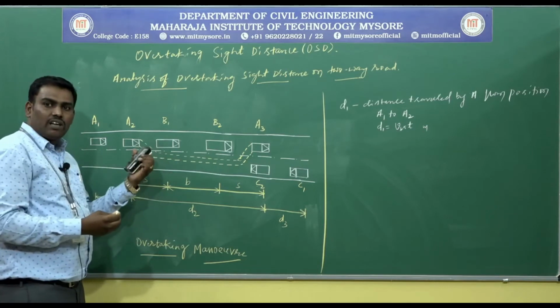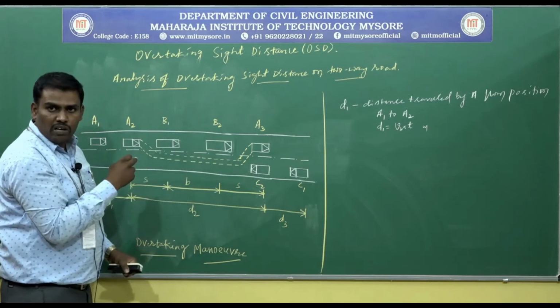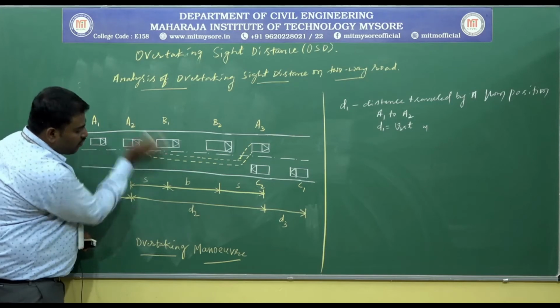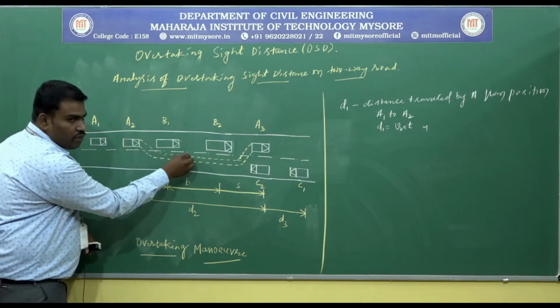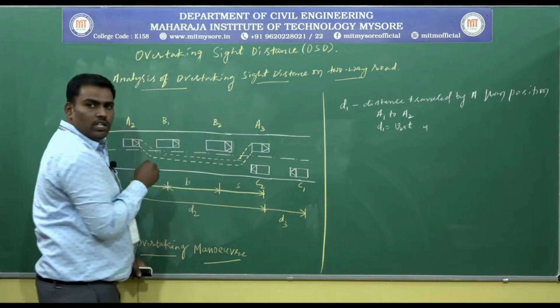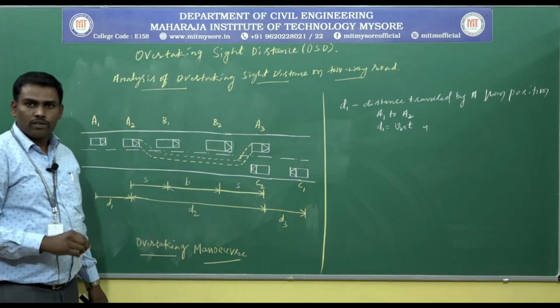When it gets the opportunity to overtake the slow moving vehicle B, vehicle A, the overtaking vehicle, shifts to the adjoining lane, overtakes the slow moving vehicle and then shifts back to the original lane.